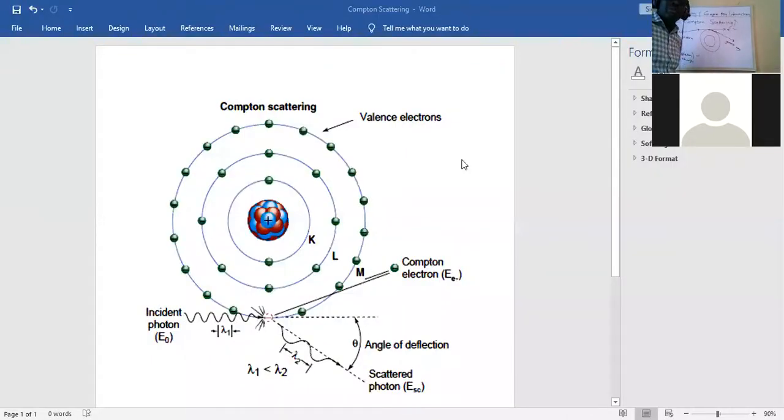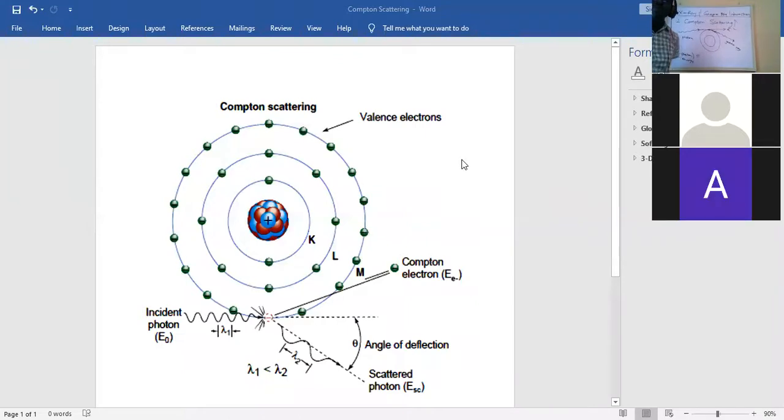I hope we are seeing the diagram there. Yes, sir. Okay. Thank you very much.